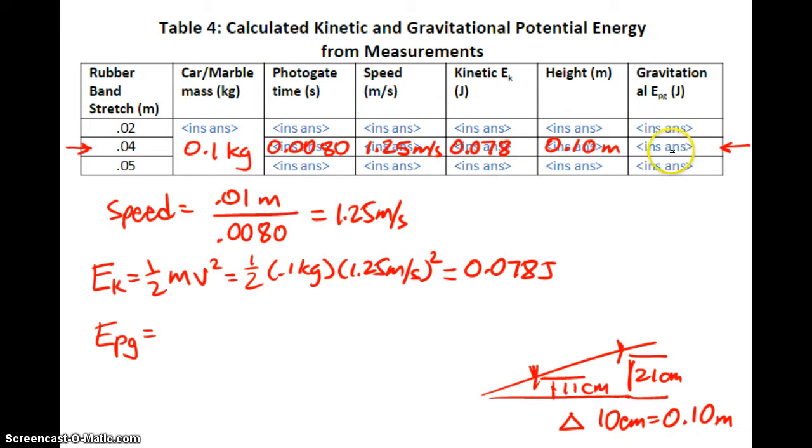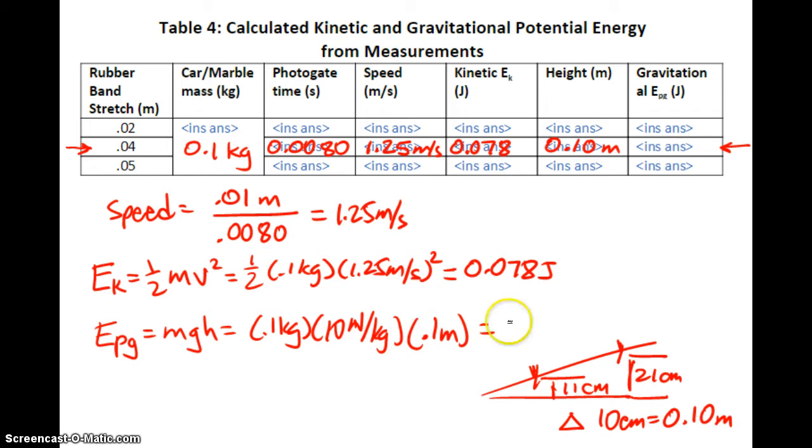For our gravitational potential energy, we're going to take a look at this. Again, we know it's mgh. In this case, our mass is 0.1 kilograms. Gravity, we can assume 10 newtons per kilogram. And our height in this case was 0.1 meters. Let's see what energy we get from that.